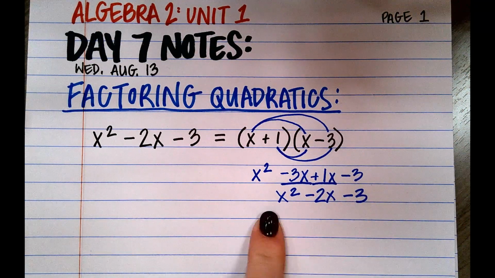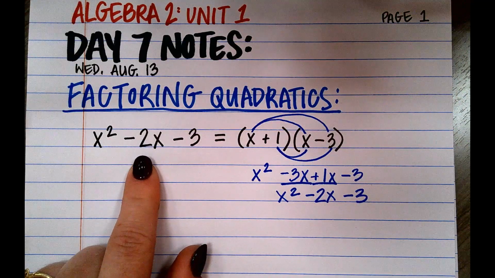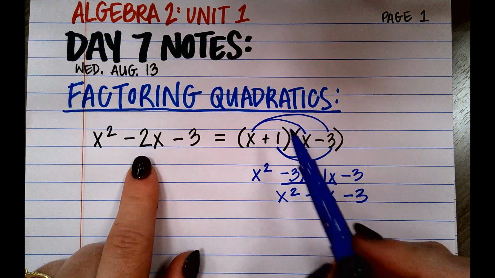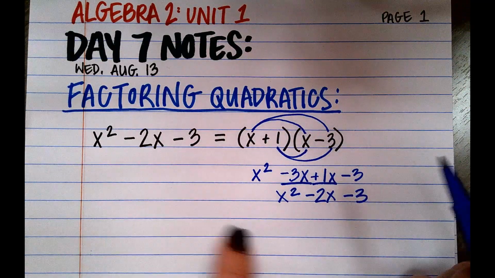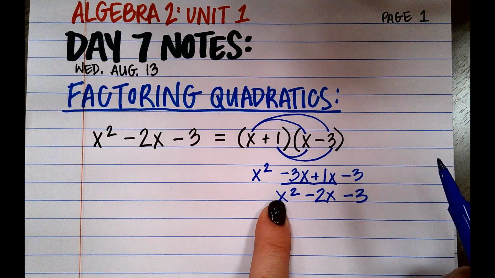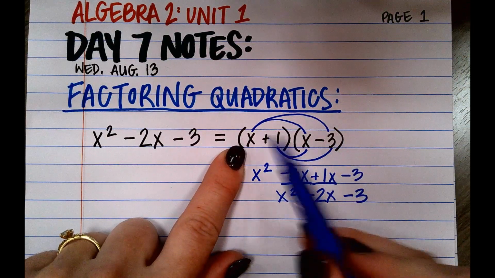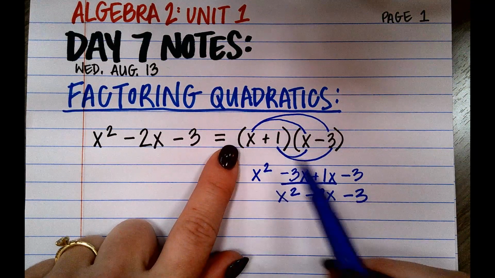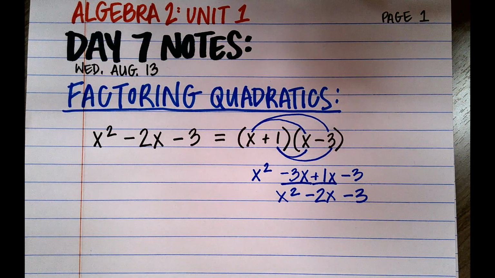And sure enough, do you see this matches that? x squared minus 2x minus 3. So this isn't too hard to do. We can multiply and we can get to a quadratic. But going from a quadratic to this form, this is the factored form, because factors are the things that we can multiply to get a product.